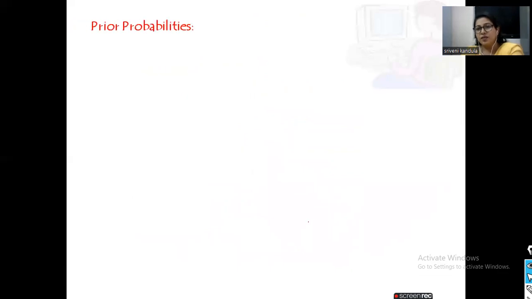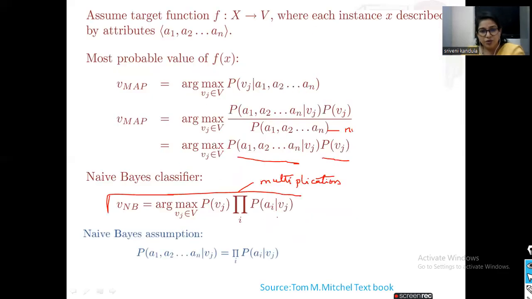So in the Naive Bayes classifier, in the previous slide if you observe, we are having two values. Here we have the P of Vj, which is the prior probability. Prior probability means a value which you already know, so this is not dependent on the happening of any other event.